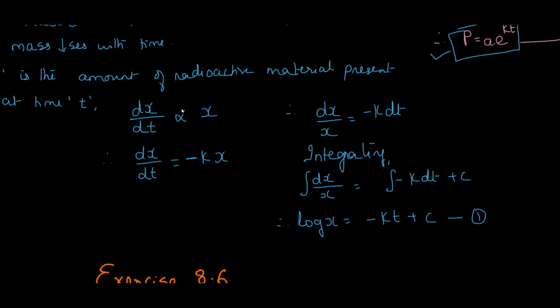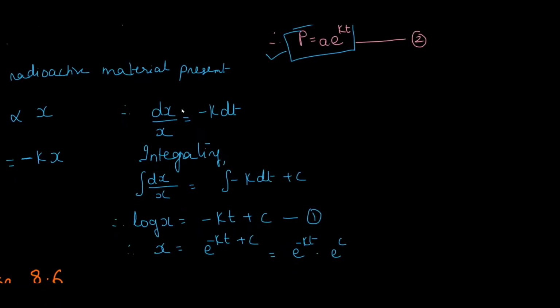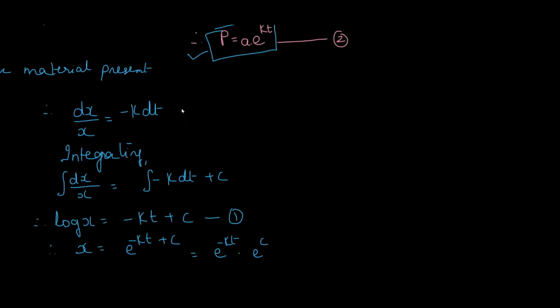Then converting it into exponential form, we have x is equal to e raised to minus kt plus c. That is, we can write it as e raised to minus kt into e raised to c, or we can modify it and write it as e raised to minus kt into a, where e raised to c is equal to a, which is a constant.